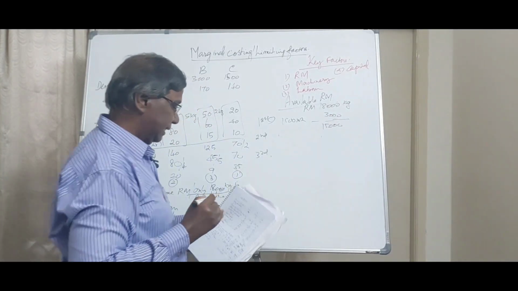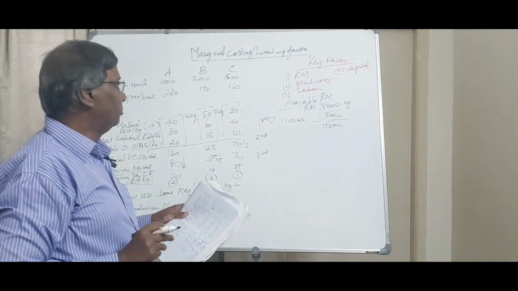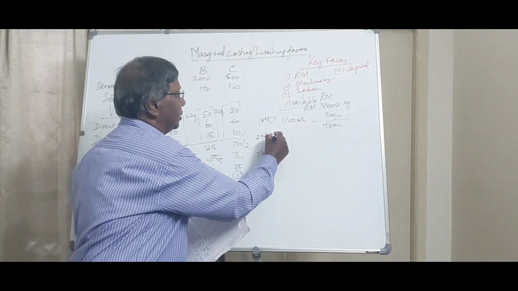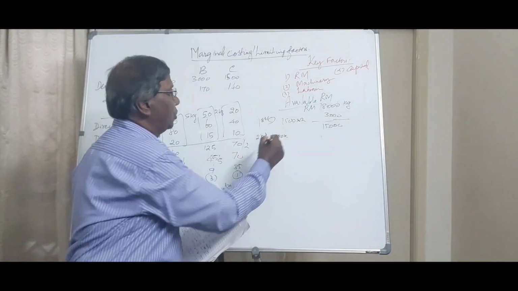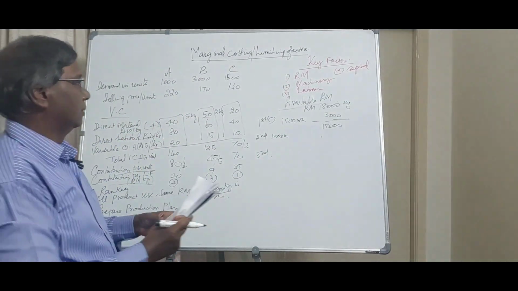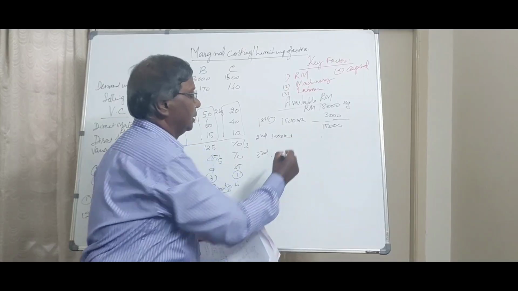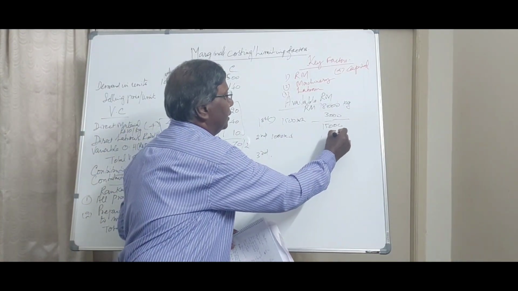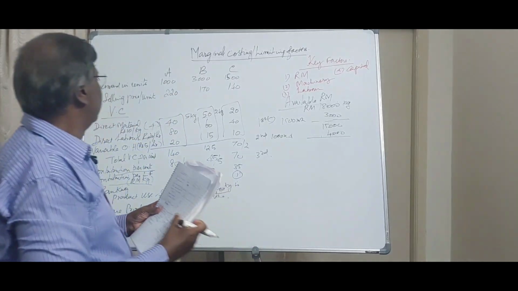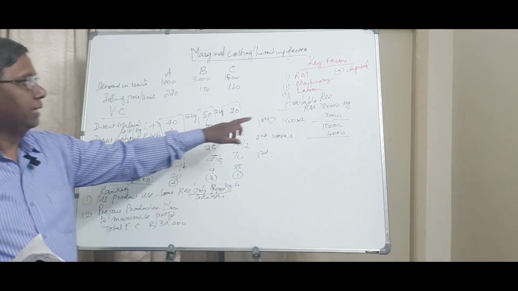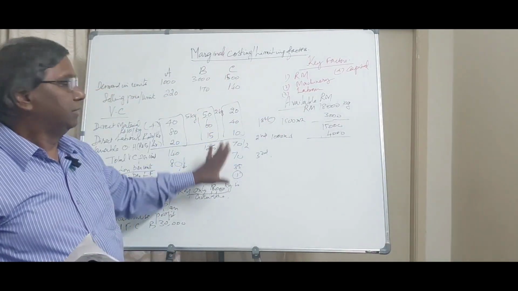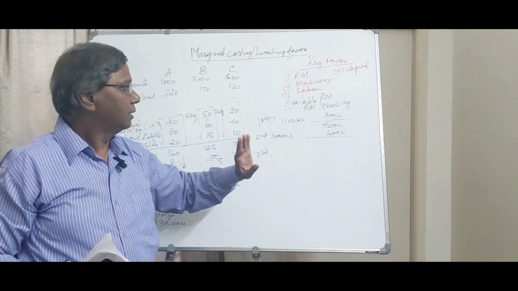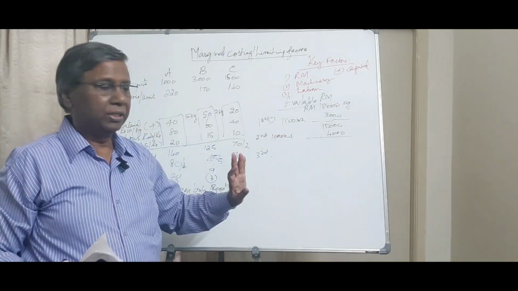And now second I am going to take B. The demand is 1000. They want 1000. So 1000 into the quantity 4, it is 4000. Total 18,000. First I am allocating C because it ranks first. So 3000 gone. Next 15,000 left out.